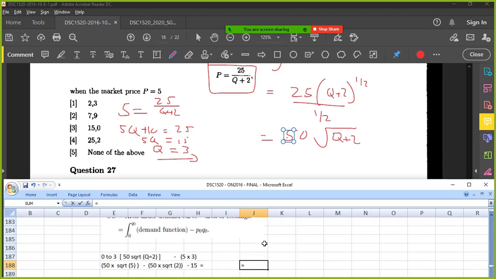What is square root 5? And then what is square root 2? There. Alright, so let's plug that in. I'm going to have 2.23607 minus 1.41421, minus 15. It is minus 15, yeah. Okay, equals.